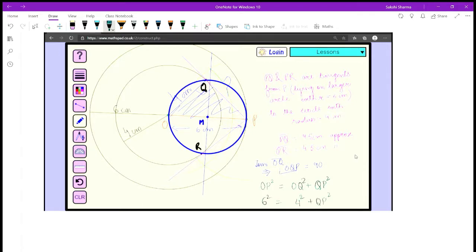From here, if we find QP squared, it comes out to be 20, and the value of QP is approximately 2 root 5. If you calculate the value for root 20, you will see that the value is close to 4.5, and that's what we obtained here.